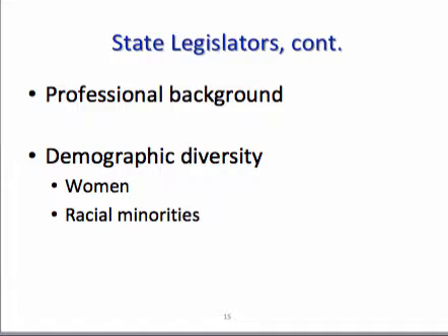Women are less likely to be involved running, at a high level, business to make those sort of connections that are necessary to do the fundraising, et cetera, et cetera. And the same applies for racial minorities. So the U.S. states in general have quite a ways to go as far as attaining real demographic diversity.